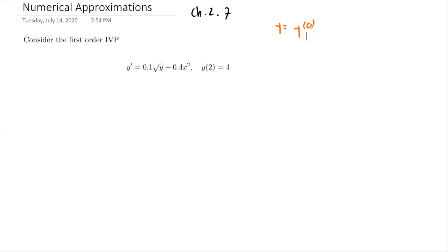Right? So it's an example of something you would do in the real world. Let's say this comes from some system that you're trying to model. You want to find a solution. Well, none of the techniques that you have work. So before you start to try and approximate, first ask yourself, does this initial value problem have a solution? And of course, you can also ask, is it unique or not?